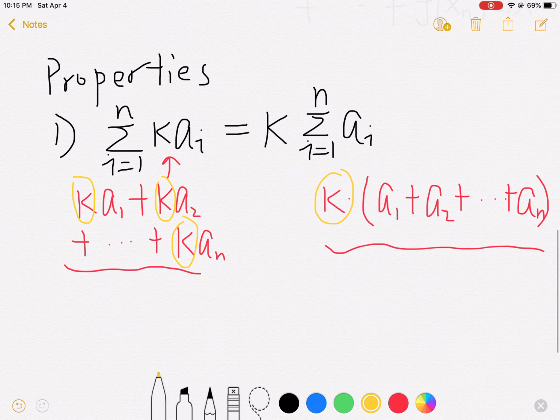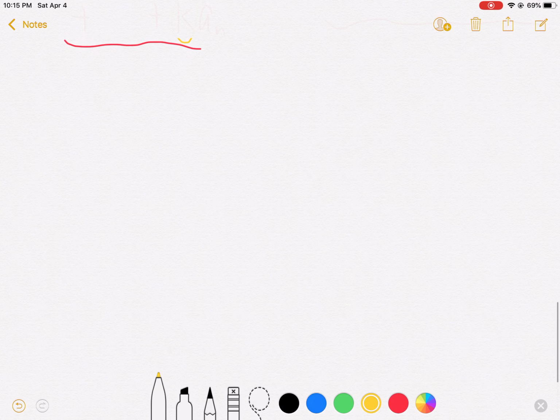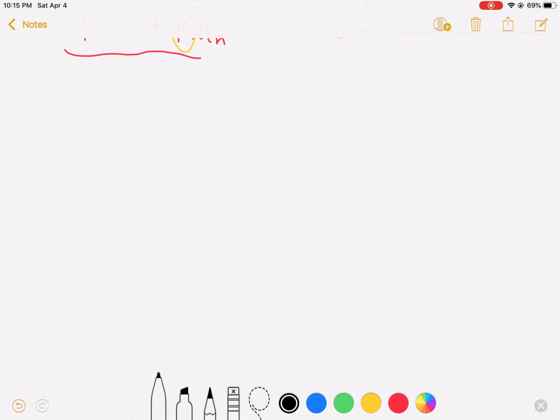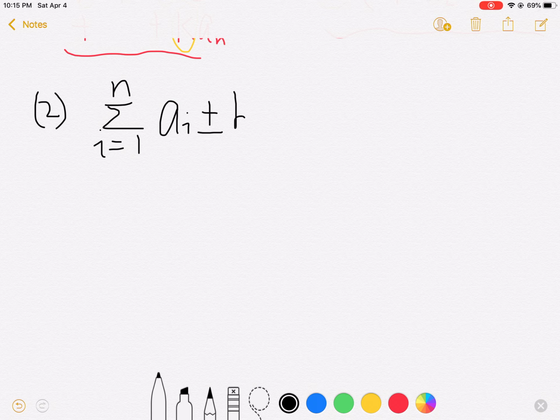Now let's look at the second property, which is the summation i from 1 to n of a sub i plus or minus b sub i.